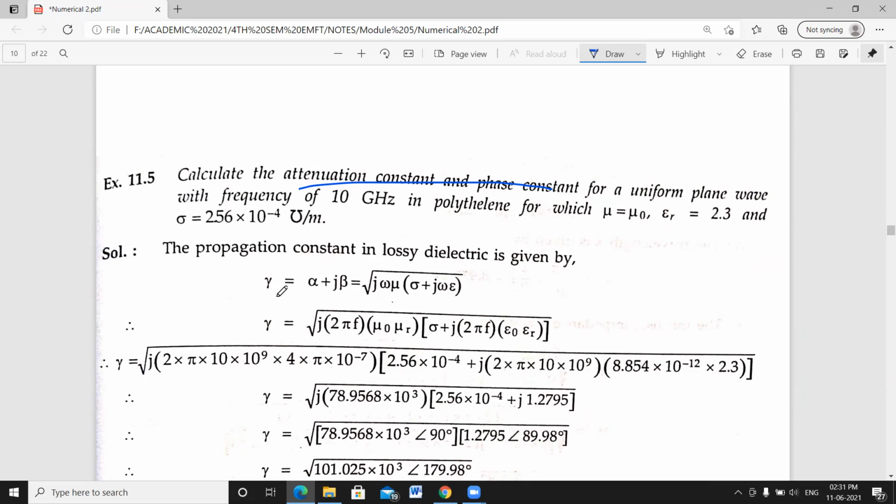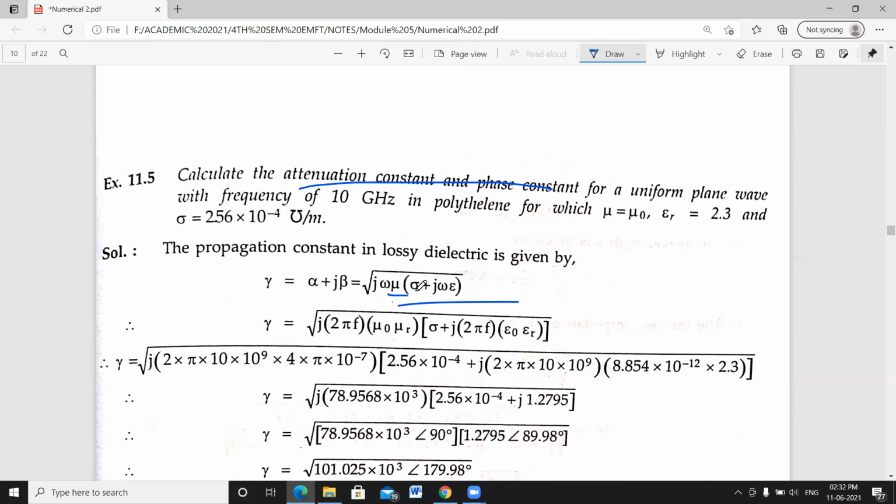For the propagation constant, we know that gamma is equal to alpha plus j beta, and from this, we know the equation: square root of j omega mu into sigma plus j omega epsilon. Then you substitute for omega as 2 pi f and mu as mu naught mu r.